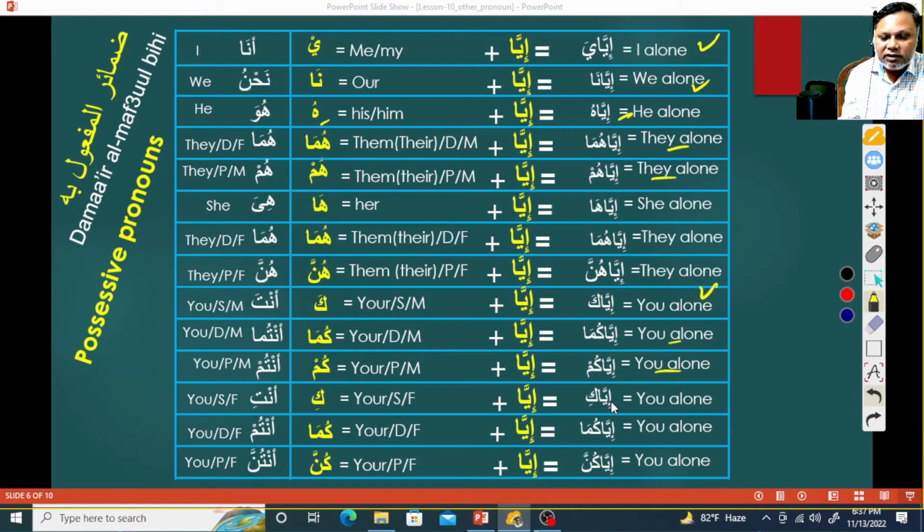For female, it is Iyaki, Iyakuma, Iyakunna. So this is very easy, but you only have to remember the subject pronoun and the possessive pronoun. If we remember this subject and possessive pronoun, then it will be very helpful for us for our next journey.